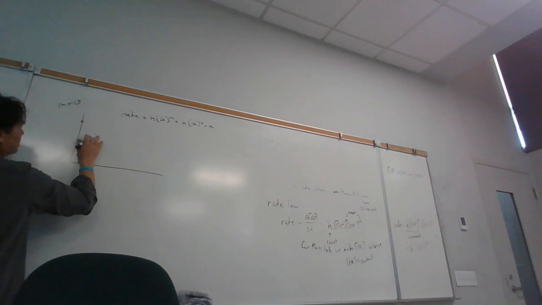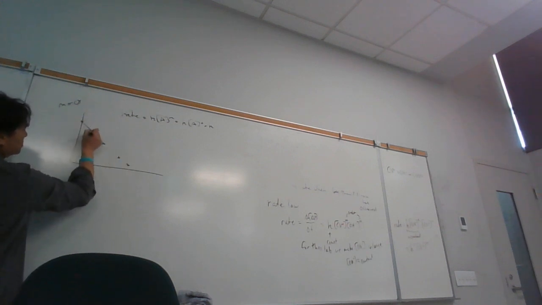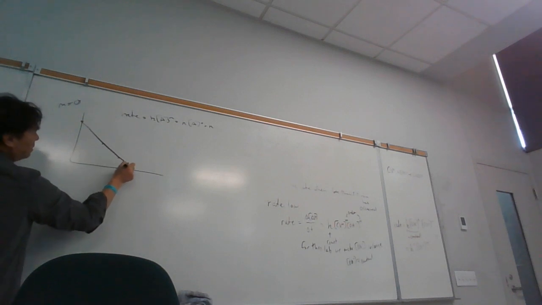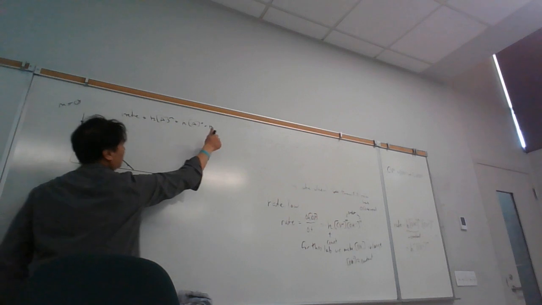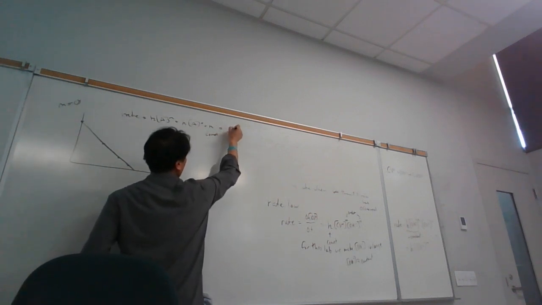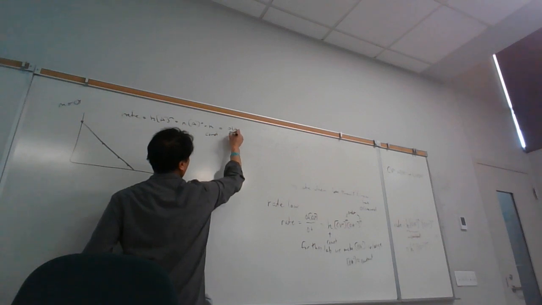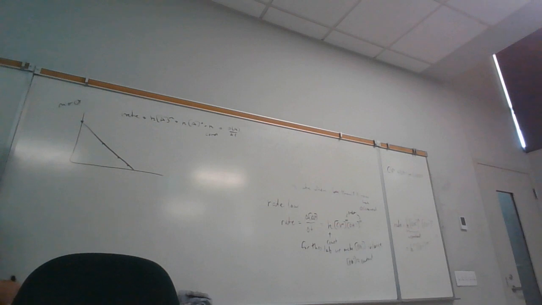So the slope doesn't change. We have a constant slope. So it's just a straight line. So as the concentration of A changes, nothing happens to the slope. This is a constant, and this is going to equal delta A over delta t, the slope. That's when m equals 0.